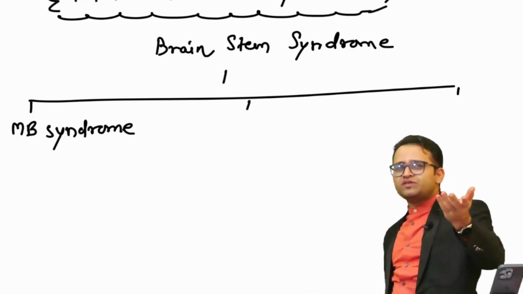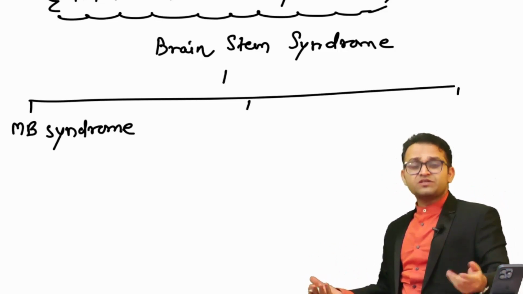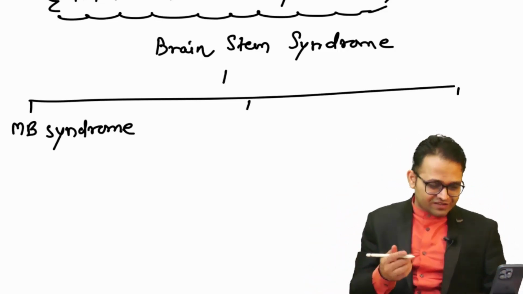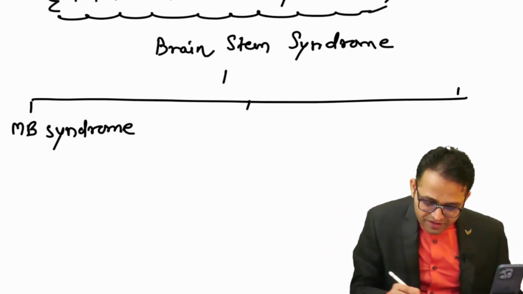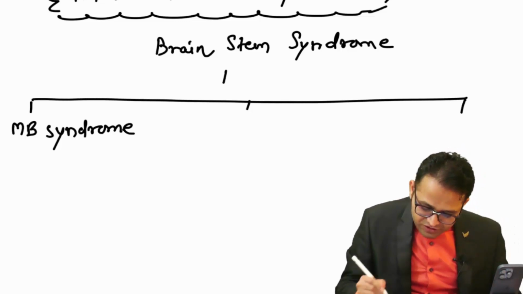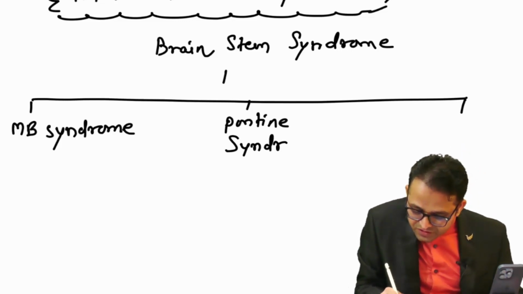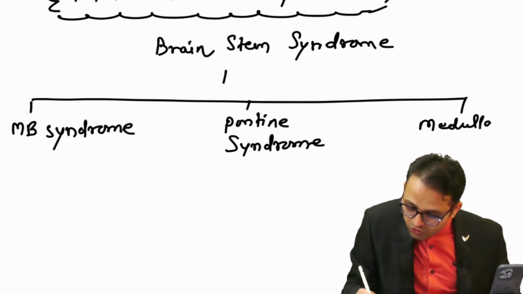Because many students are from the Hindi side, we are using Hindi plus English. Many students are from the English side, maximum 99% content is English. So don't worry for that. Yes, so what you have to see, sir, there is a midbrain syndrome, Pontine syndrome, and what? Medullary syndrome.